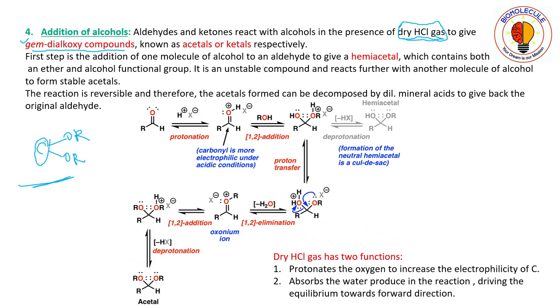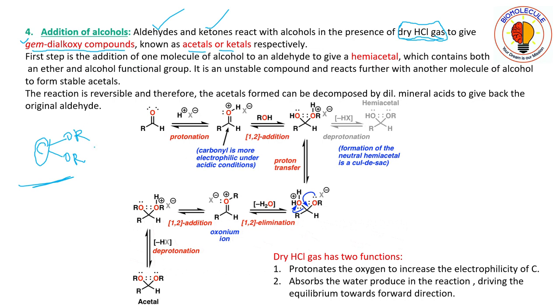Same carbon atom is geminal; different, adjacent carbon atoms is vicinal. So these gem dialkoxy compounds are also known as acetals or ketals: if you use aldehydes you will get acetal, and if you use ketone you will get ketal.